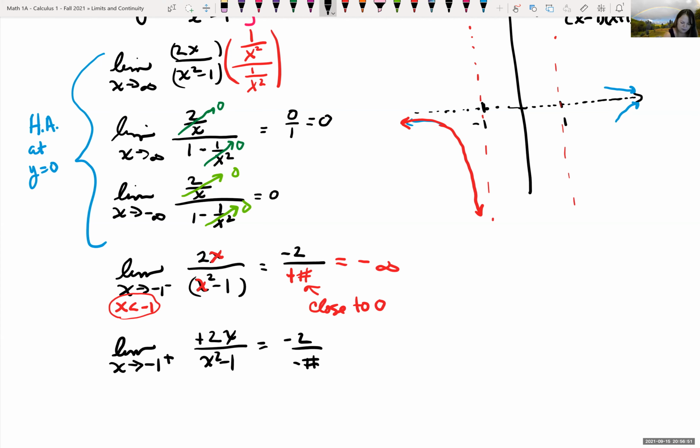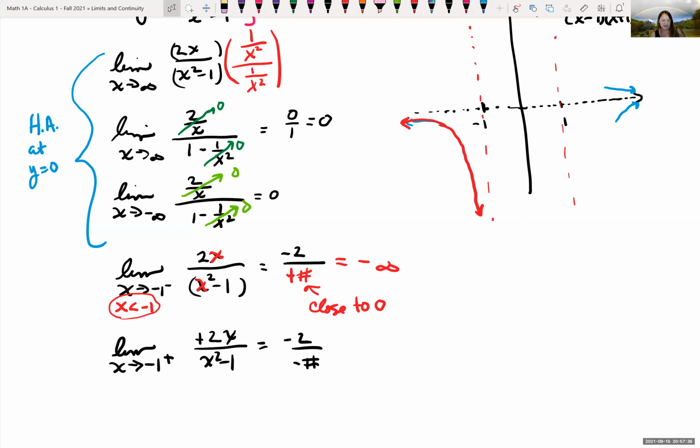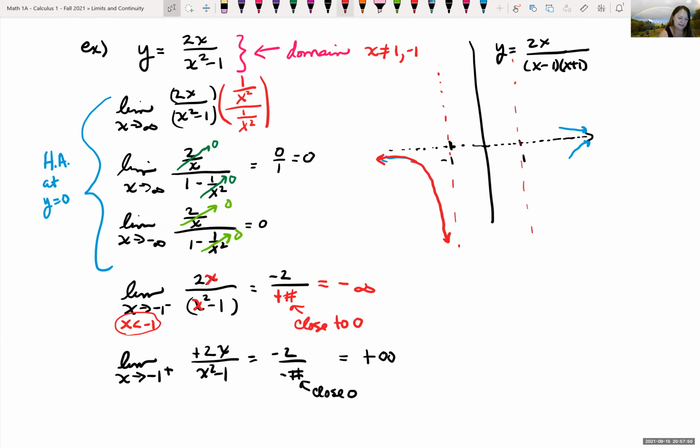But that negative number is close to 0. And so I have a negative over negative, a positive that is close to 0. So this is going to give me positive infinity. So I know that this is shooting upwards.